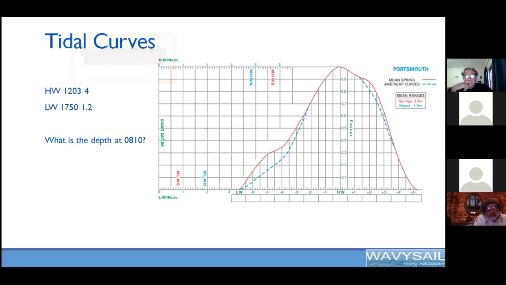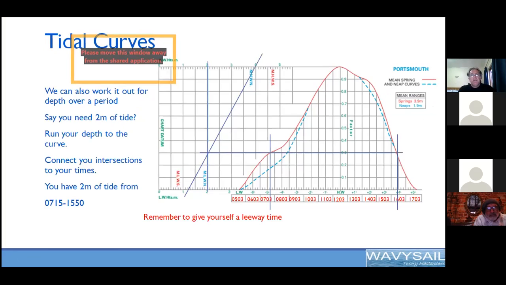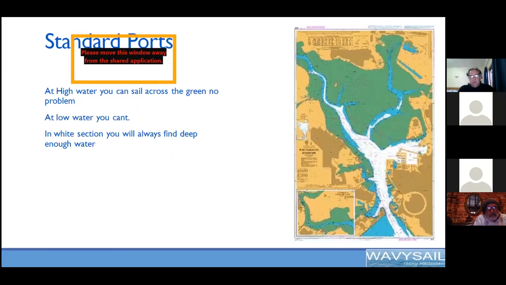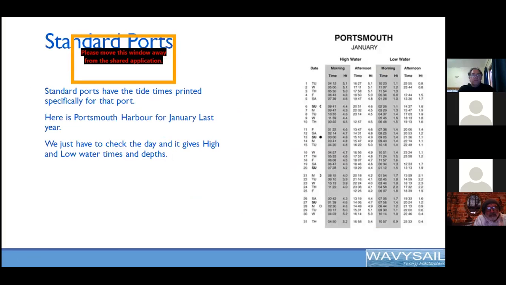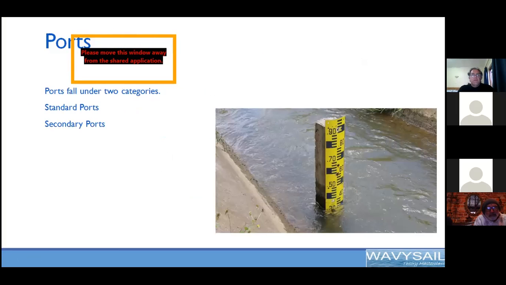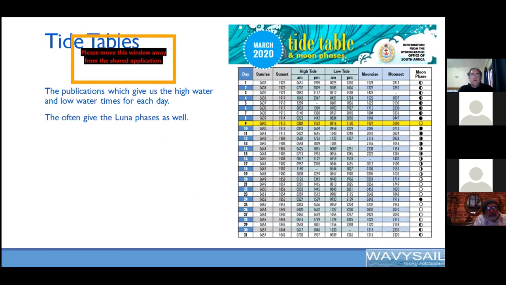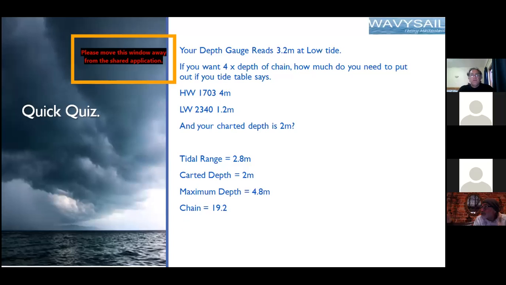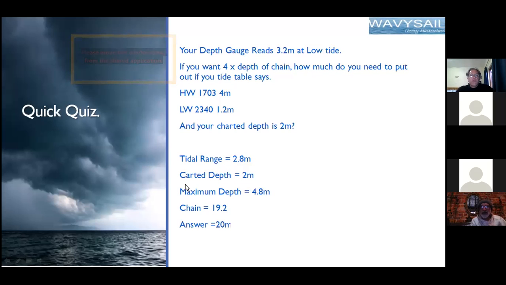I can't remember the numbers off the top of my head. Sorry, before you ask another question and confuse everybody, I'll have to go back to that. Okay, let's go right back. Sorry. Hang on. Where was it? 2.8 meters plus 1.2, so your maximum depth is 4.8.